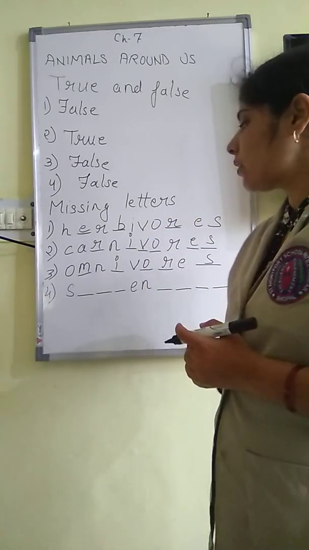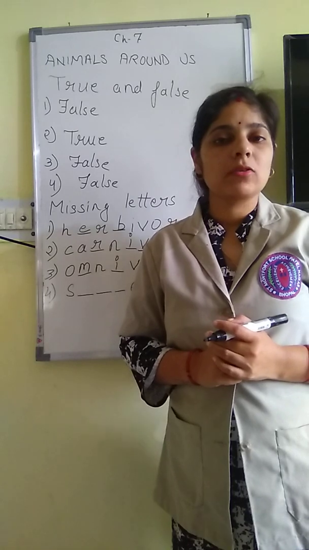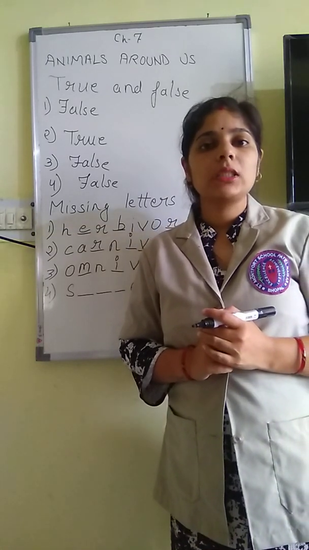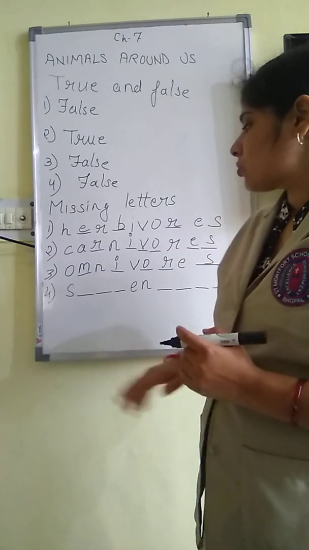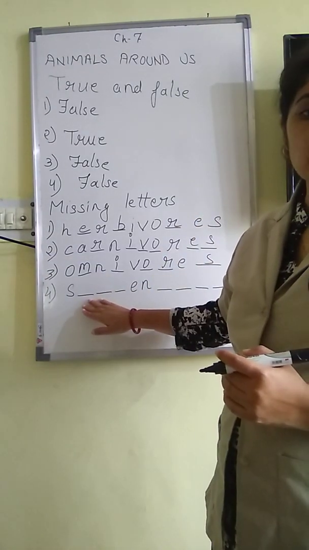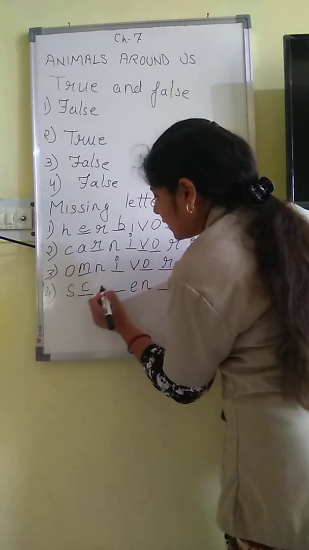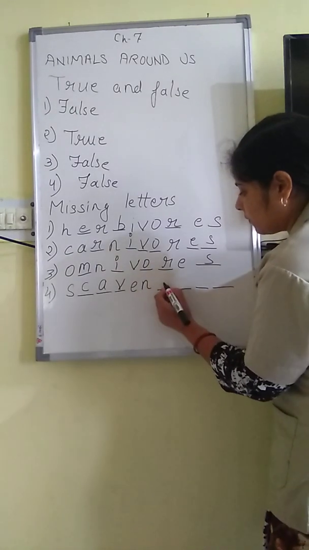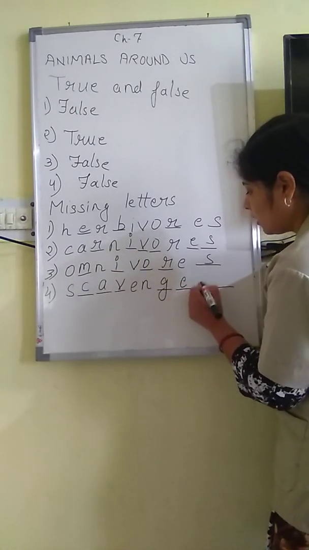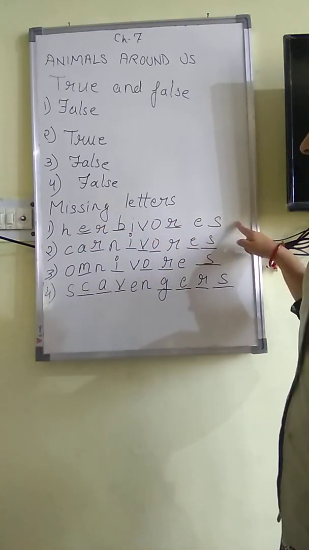So hyenas and foxes always eat dead animals. So the category which eats dead animals is called scavengers. So here the word which is going to come is scavengers. Here we will write S-C-A-V-E-N-G-E-R-S.